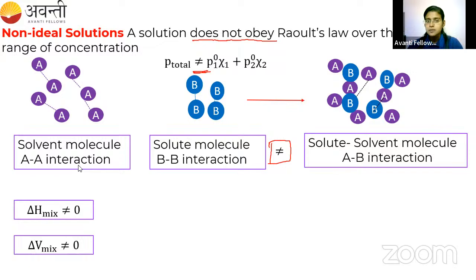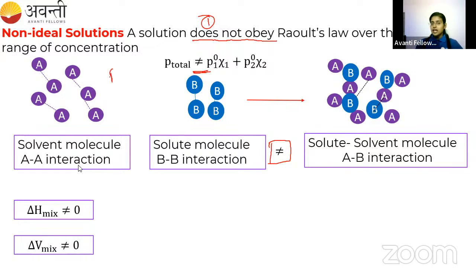Harish, do you want me to explain this non-ideal solution once more? The solution which does not obey Raoult's law is called non-ideal. This is the definition. So how are they not going to obey Raoult's law? Their interactions will not be equal.